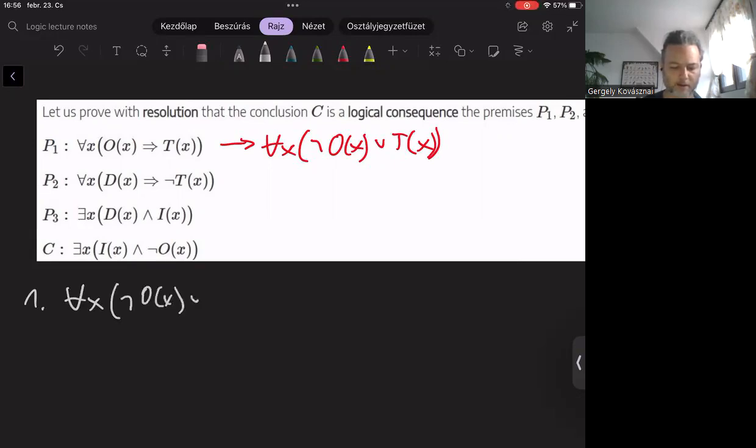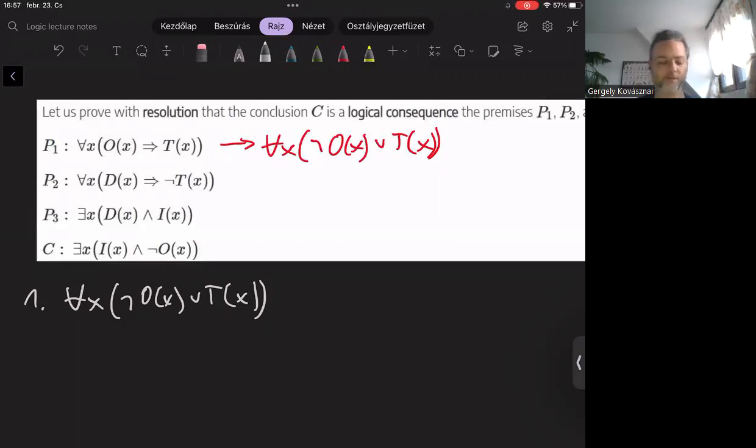And notice that it is a universally quantified formula, which is completely okay, because in CNF, universal quantifiers might appear, and only universal quantifiers are allowed to appear.